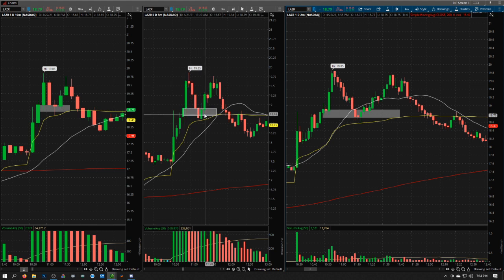Down here, we have essentially a tweezer bottom and an interruption away from VWAP. So just like on the OCGN play I was explaining, I had really strong corroboration on the 2 higher time frames.